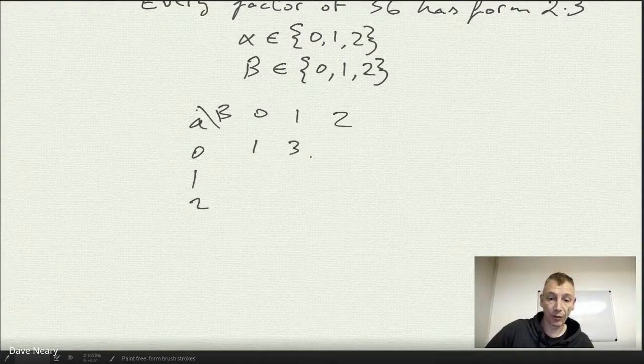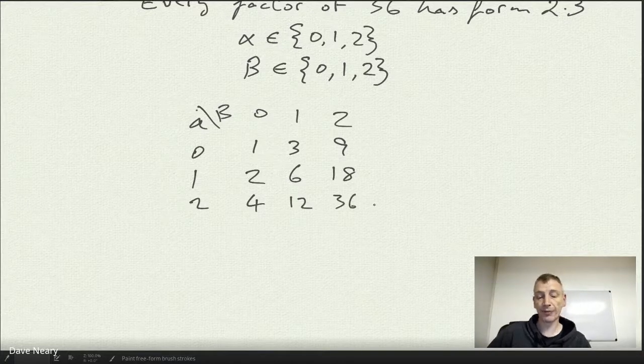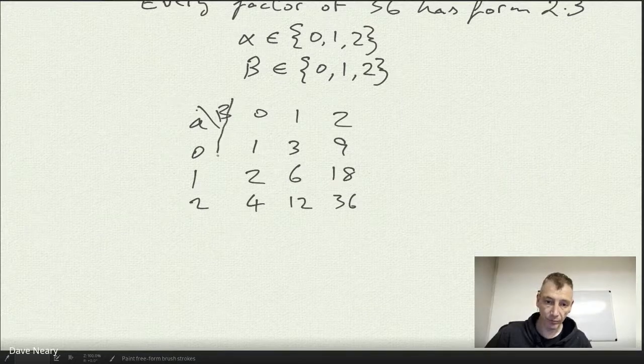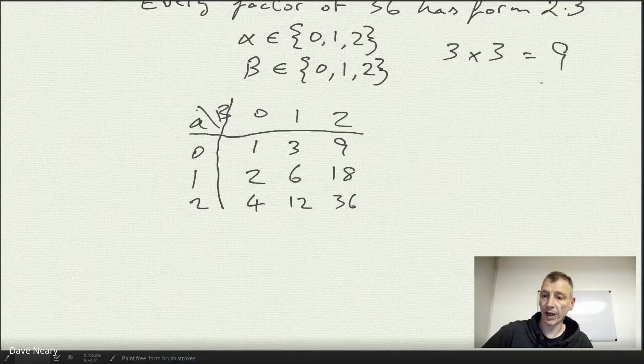This is 3, this is 9, 2, 6, 18, and finally 4, 12, and 36. And we have all of the factors of 36 in this grid. So we end up with 3 choices for alpha and 3 choices for beta. So we've got 9 factors.